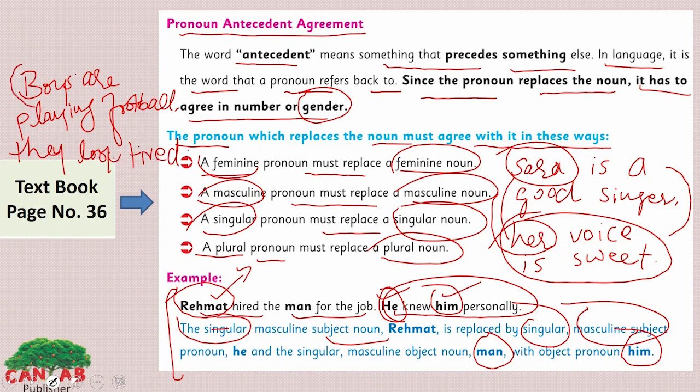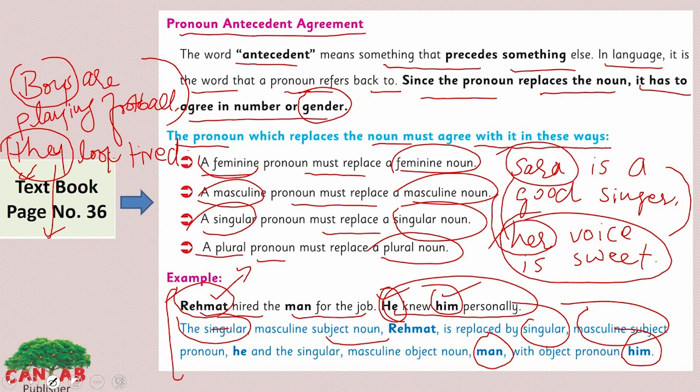Now, boys is a plural noun here, and here, look at here, they. They is a pronoun here, the masculine pronoun here. But also remember this, they can be used for both feminine and masculine pronouns. So, they is referring to the boys. These both sentences are related to each other.